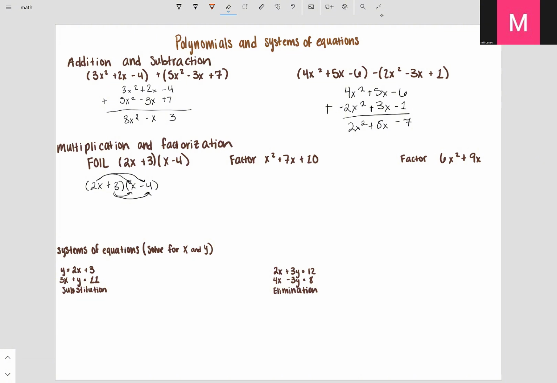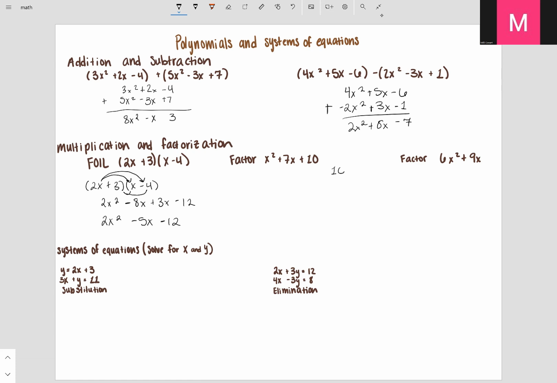So first, that will be 2x squared, outer, minus 8x, inner, plus 3x, and last, minus 12. So we'll have 2x squared minus 5x minus 12.